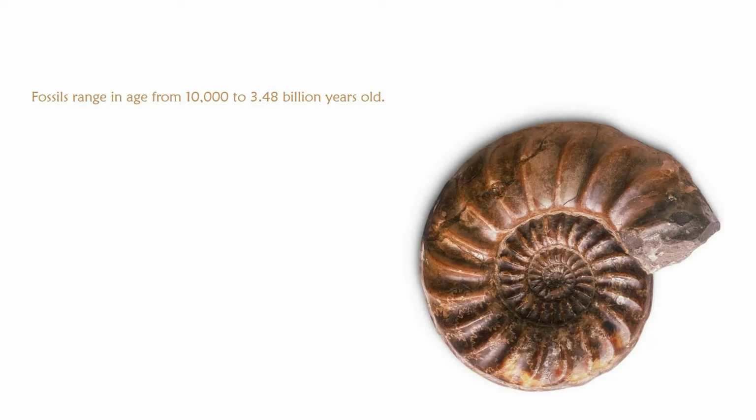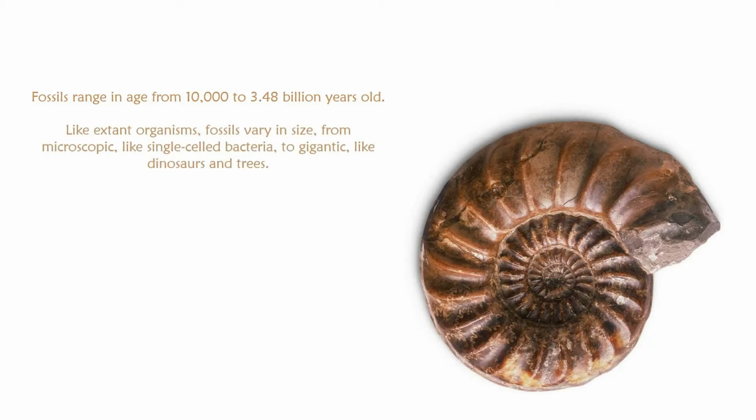And this shell, since it's hard, if I'm not mistaken, is an exoskeleton. We can call it an exoskeleton. It was preserved through time, and its age can range from about 10,000 to 3.48 billion years. So it can reach that old.